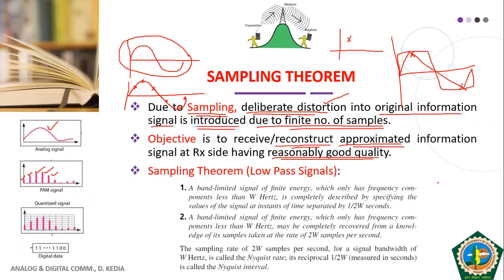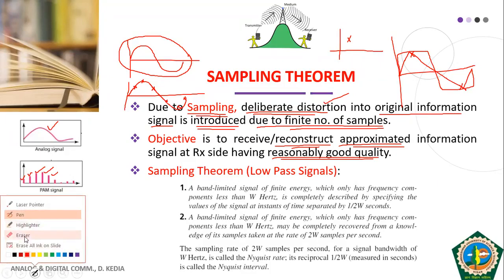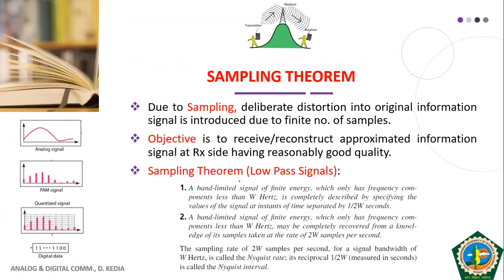Yes, obviously we will take minimum number of samples with the condition that those minimum number of samples must be able to help us in reconstructing our original signal back. Okay, so these requirements from the samples, they are formalized in the form of sampling theorem. Okay, and we call it sampling theorem.